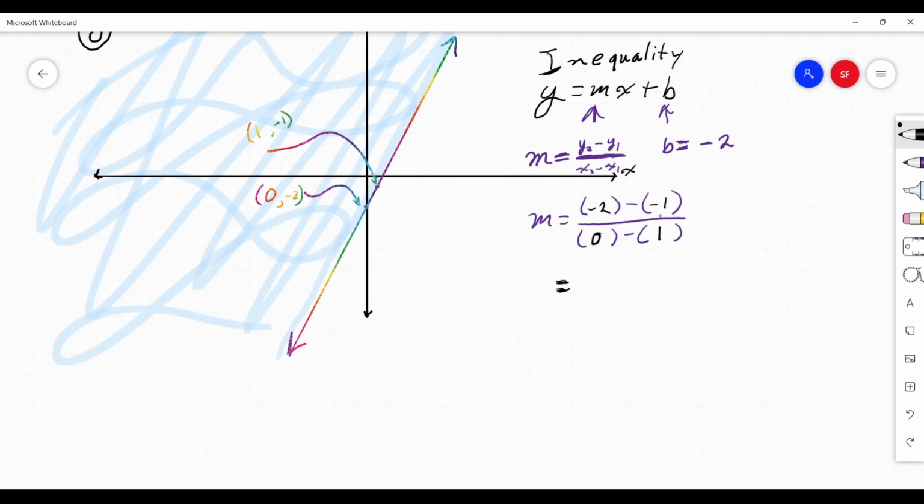What's -2 minus -1? -1. What's... Oh, I did a different graph than what's on here.